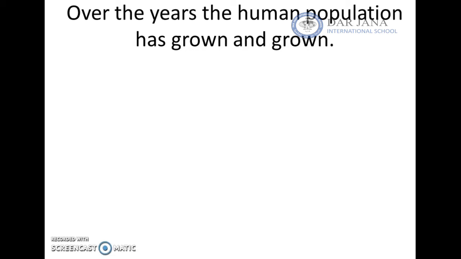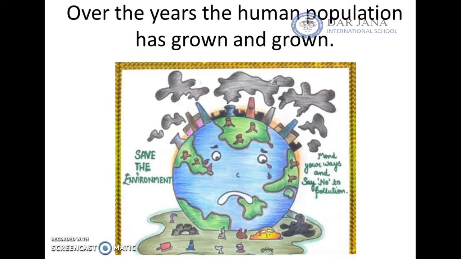Over the years, the human population has grown and grown. Population means the number of people, which started to increase every year. Everything living on the earth has basic needs. Humans have caused so many changes that many living things cannot get what they need.